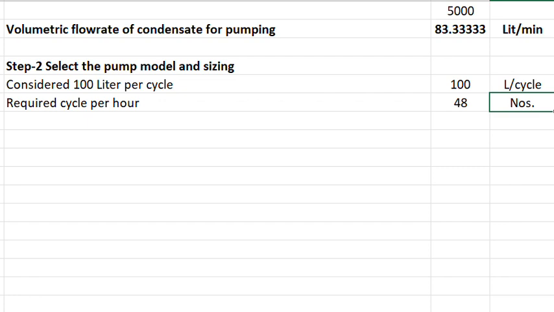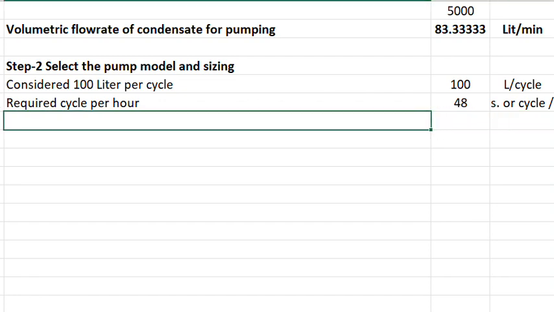Numbers of cycles per hour. Okay, so now we have the required cycle details. To transfer that condensate, we use air or steam as a motive media.